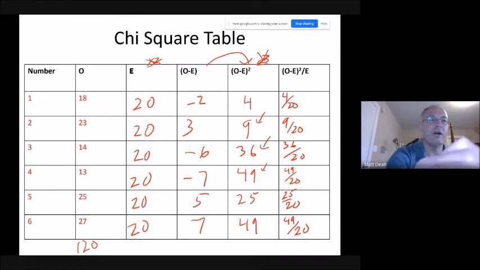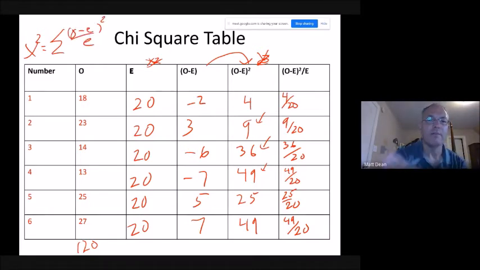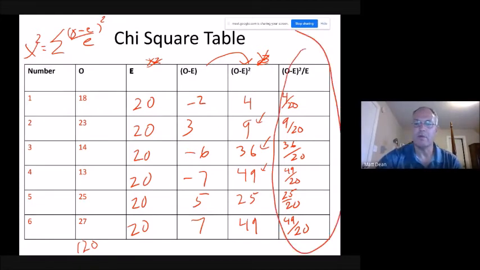And remember that your calculated chi-square statistic, chi-square value, is equal to the summation of O minus E squared over E. So that tells us to add up this column. So I'm going to add up my fractions here. So let's see, that's 4 plus 9, 13, plus 36 is 49. 49 plus the next 49 is 98.